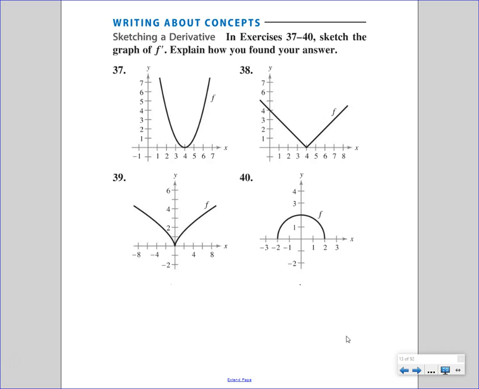Number 29 was a conjugate problem. If you didn't like the delta x, you definitely could have used the h. 33 also is h. Plugging and chugging. Some of you guys don't like fractions, huh?